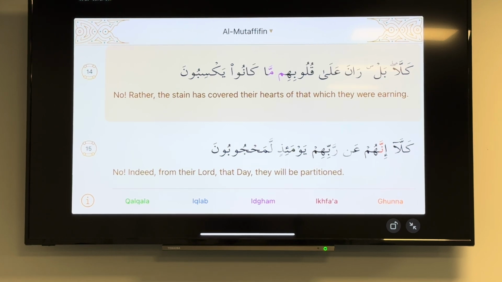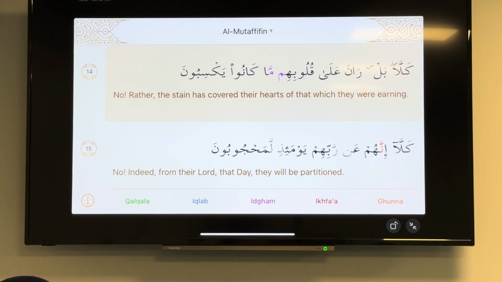I know this is not our topic, but just for understanding, this is idgham bighayri ghunna. We've got noon sakin followed by ra. Ra is a letter of idgham, from ya ra, ya maloon.